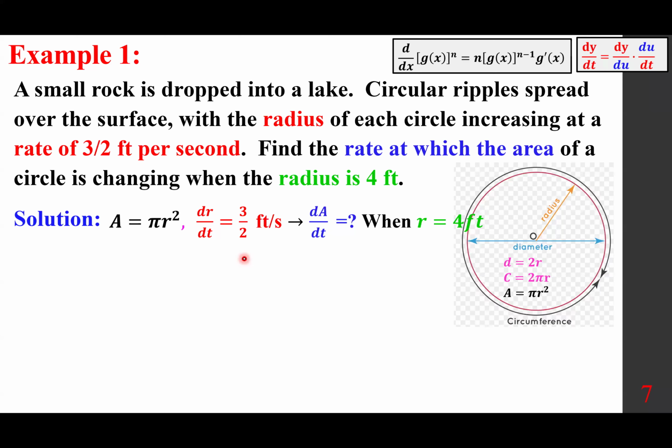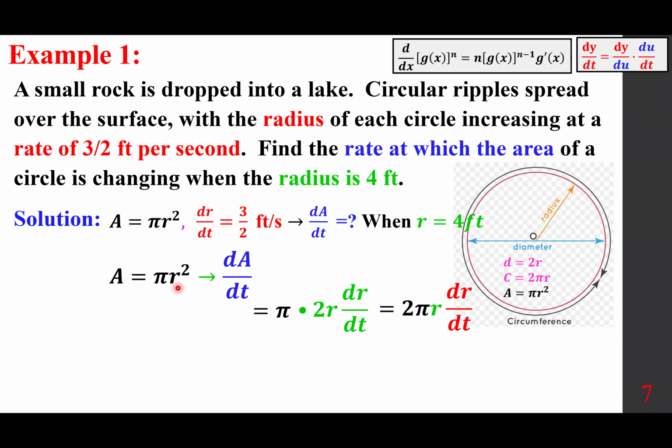So having said that, we have A equals pi r squared, and we need to find dA/dt, which means pi, it's just a number, so you keep it. Differentiation of r squared is 2r dr/dt, because t is the independent variable, or simply put, 2 pi r dr/dt.